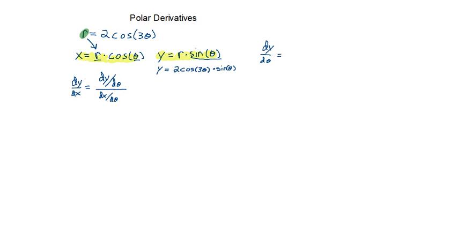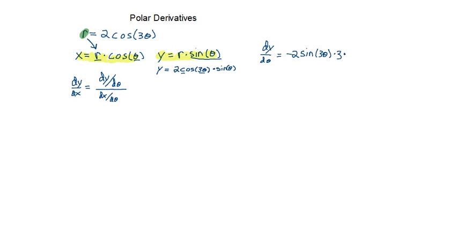The derivative of the outside cosine is negative sine, so it's going to be negative 2 sine, the inside doesn't change, 3 theta, times the derivative of the inside, which is 3.